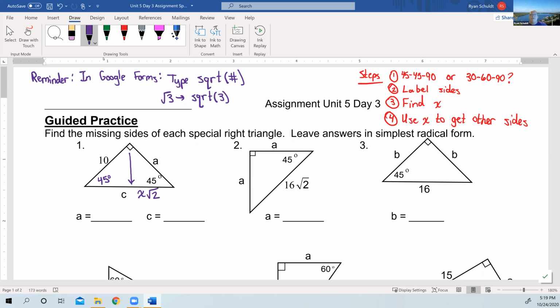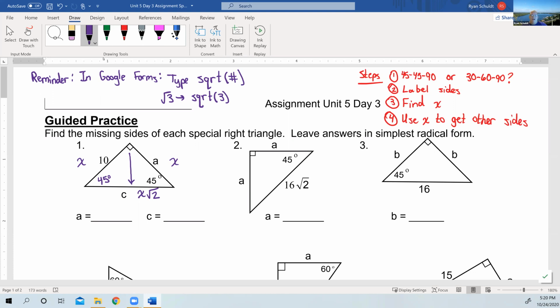Where did I get that from? Look on your notes at the template. That's where we got it from. Our short sides are X. Step 1, we said what it was. Step 2, we labeled. Now, what could X possibly be?